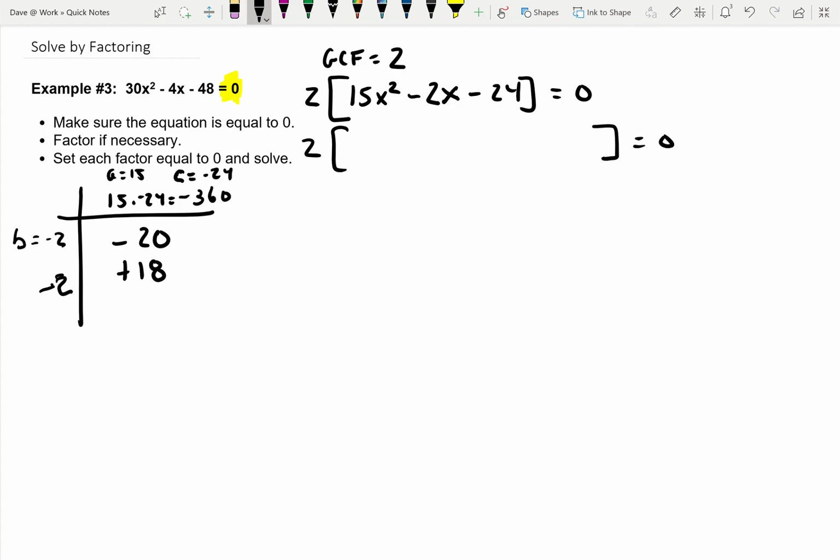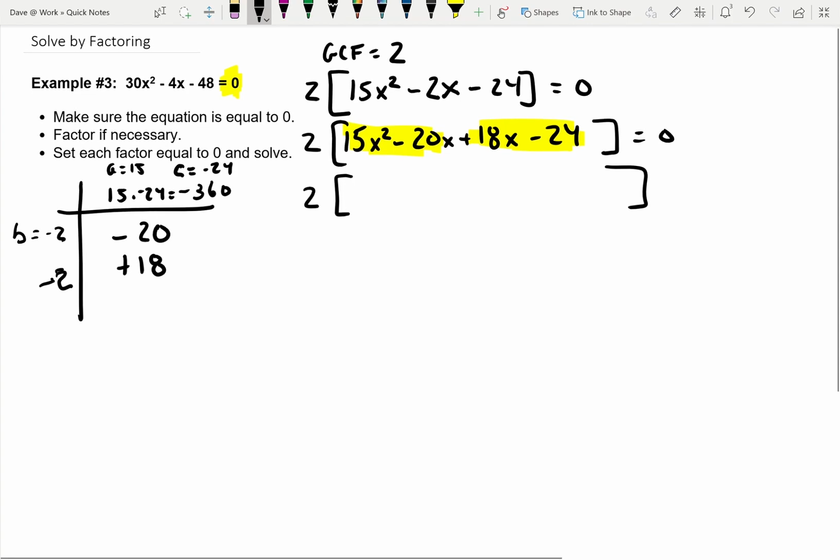So as I break up the middle term, 15x squared minus 20x plus 18x, and then minus 24, I can now look at the first two terms here, find the greatest common factor, look at the second grouping of two terms, find its greatest common factor, and do my factoring. All the while, 2 is one of the factors. So I'm going to pull out a 5, and I'm going to pull out an x.